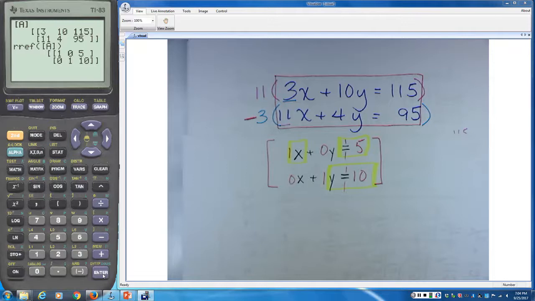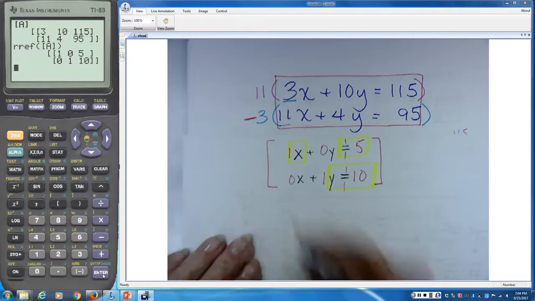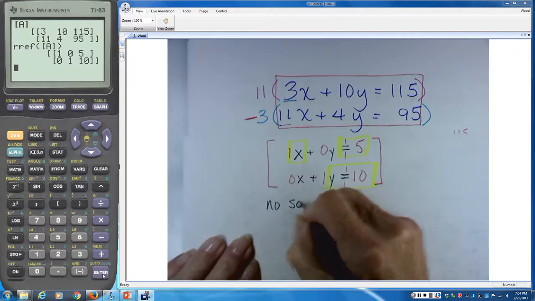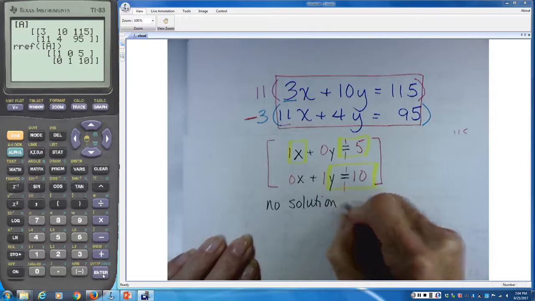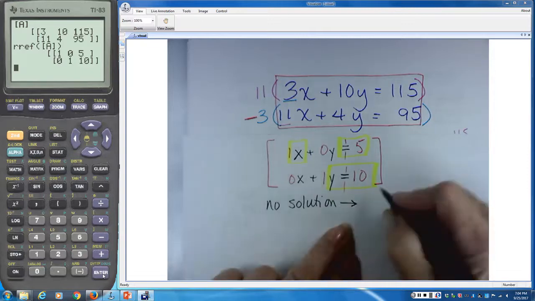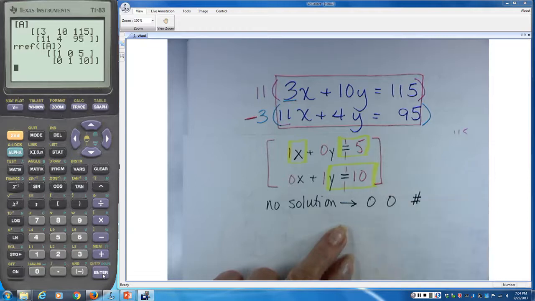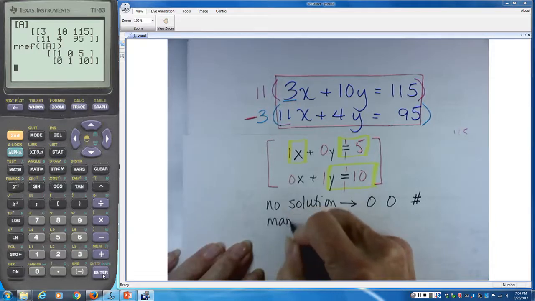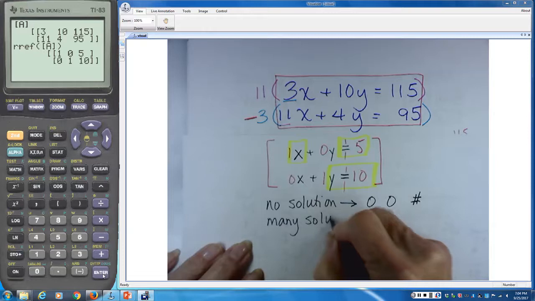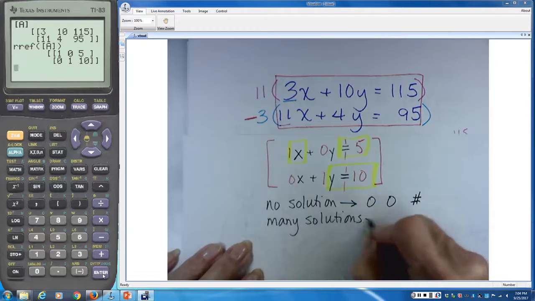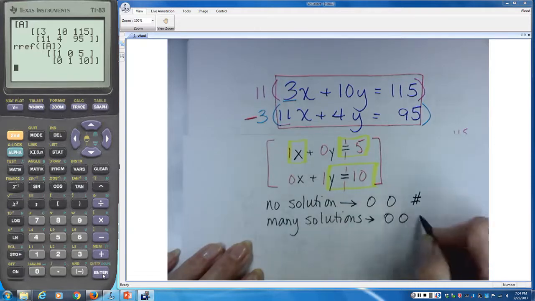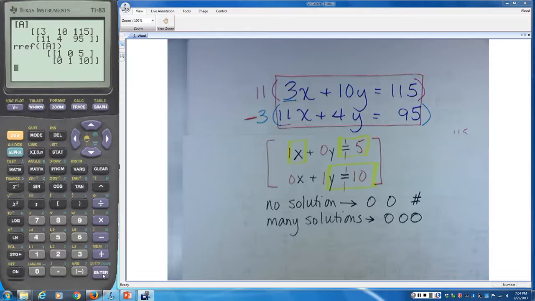The way you know that there's no solution is that you'll get zeros on the bottom except for the last number. And the way that you'll be able to tell there's infinite solutions, you get a row of zeros on the bottom.